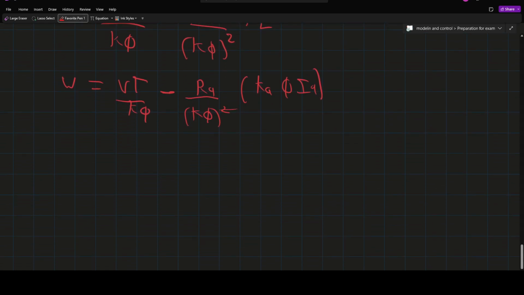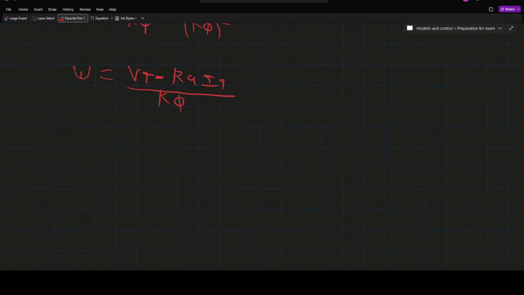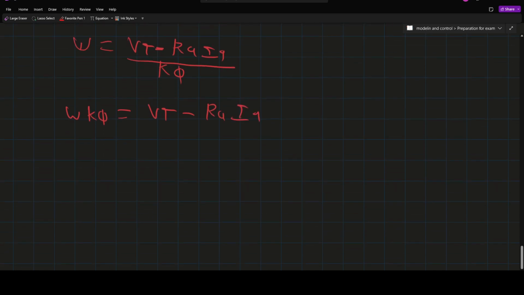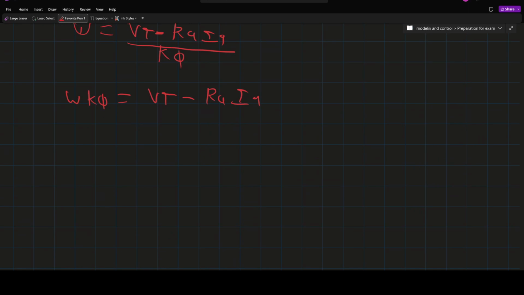So from this we can cancel just one of these, and we can get omega equals Vt minus RA Ia over K phi. So we can say that omega K phi equals Vt minus RA Ia.